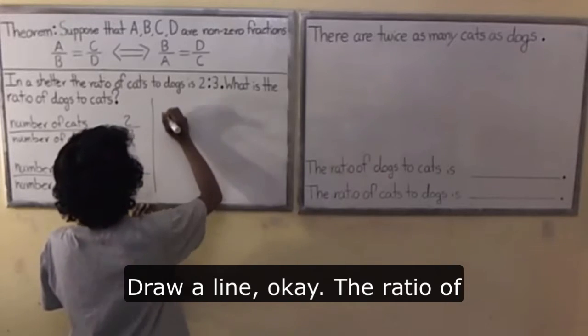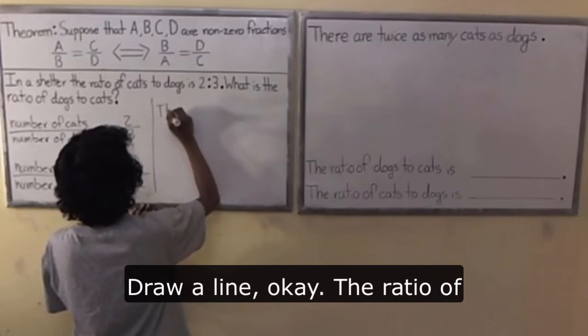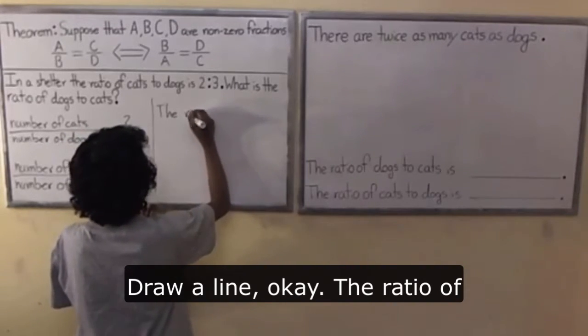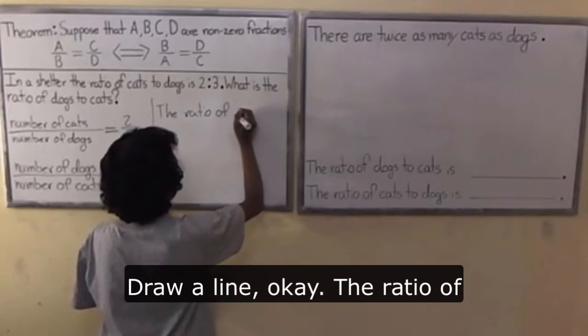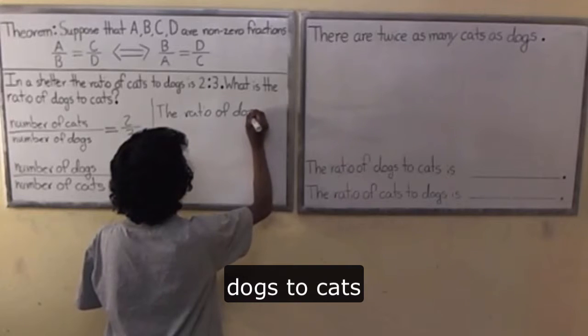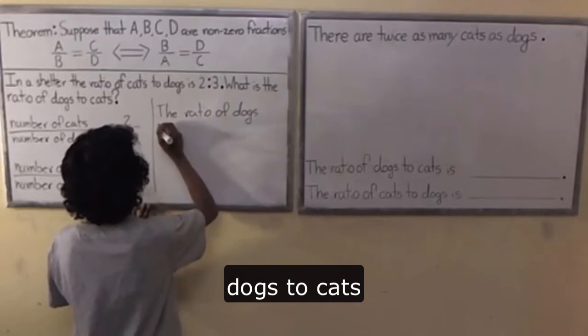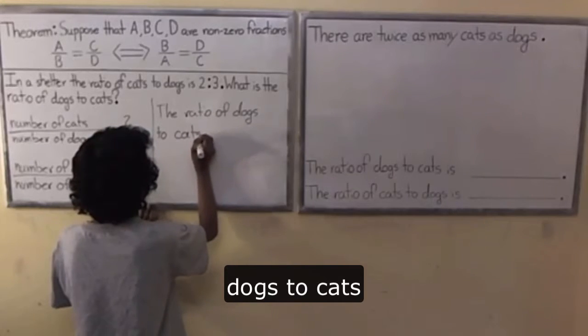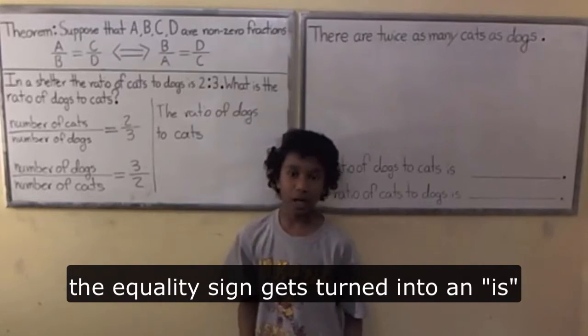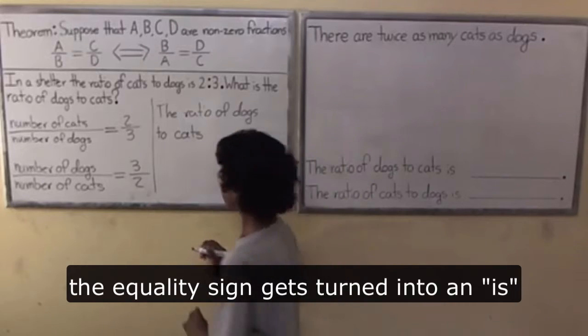Draw a line. Okay. The ratio of dogs to cats. The equality sign gets turned into an "is."